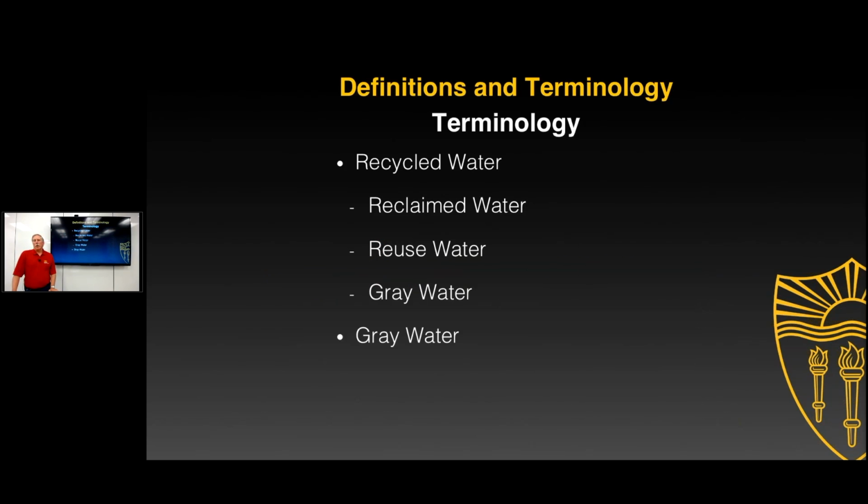Even in definitions and terminology, when we start talking about recycled water, which may be a very common term, we also find in some of the rules and regulations throughout North America, we'll see the term reclaimed water, reuse water, even gray water in the same context as recycled. However, we normally think of gray water in a totally different vein, and it is normally considered separate from recycled water. So again, as we go through some of the terminology, we realize for some of our attendees today, depending where you are regionally, you'll see some of the terminology is slightly different.